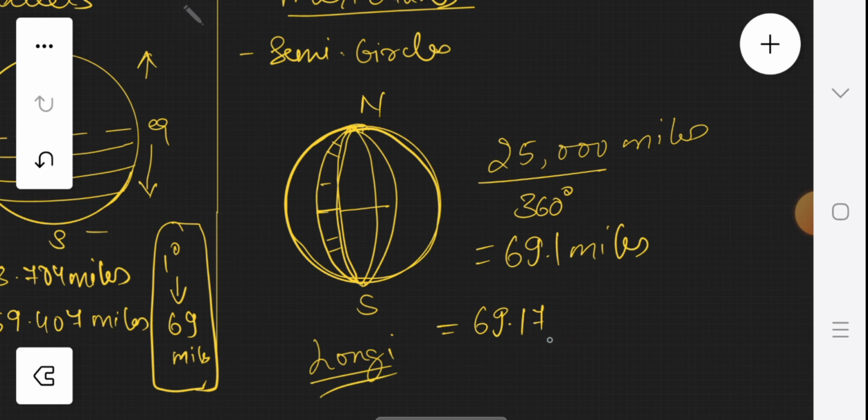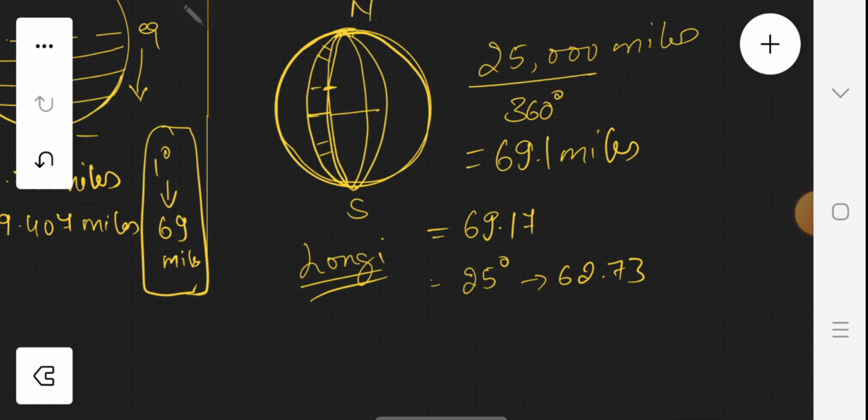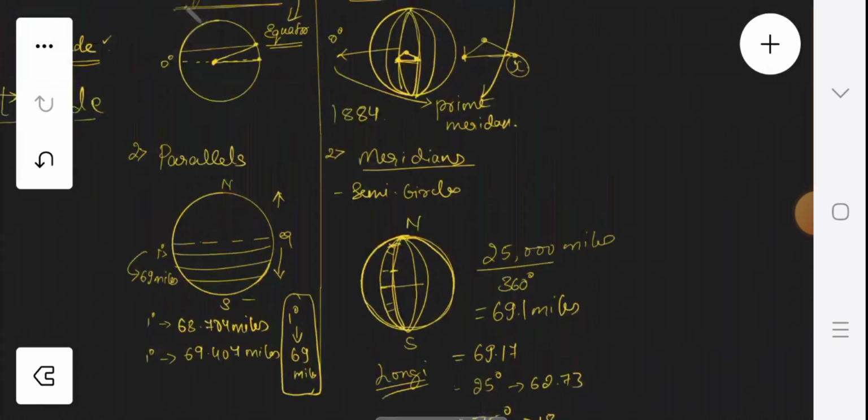As you go around 25 degrees up, somewhere here, that distance will decrease to 62.73, and furthermore this will decrease, and at around 75 degrees, somewhere here, the distance between two longitudes will be around 18 miles, and at the north and the south pole, since they're all converging, it becomes 0. So these are the important differences between longitude and latitude.